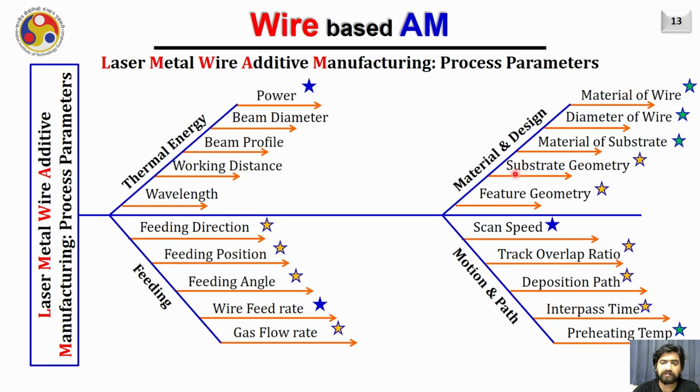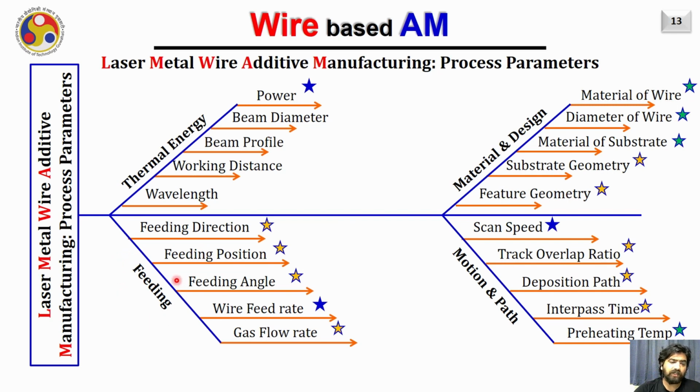In most cases, until we use a multi-axis system, the substrate geometry is typically flat and as a result we deposit on a flat surface. But it is very much essential that process parameters such as the feature geometry and the geometry of the substrate are very important.